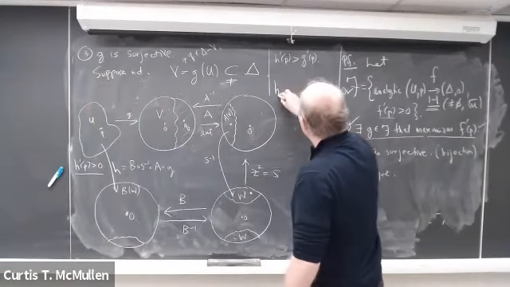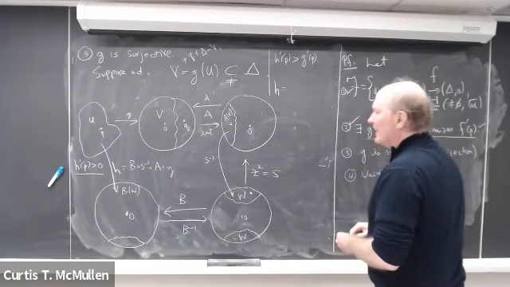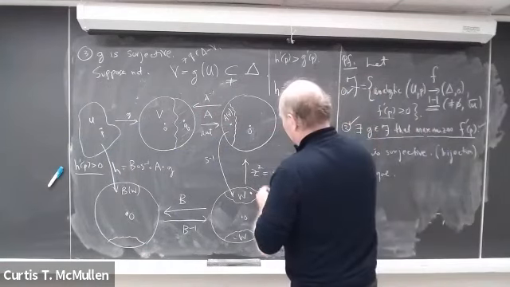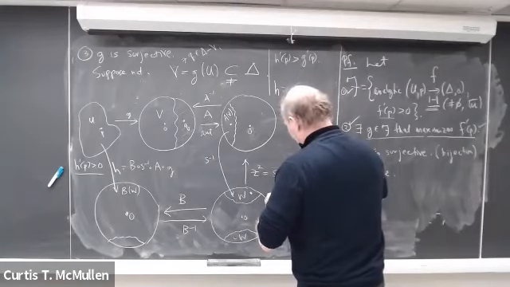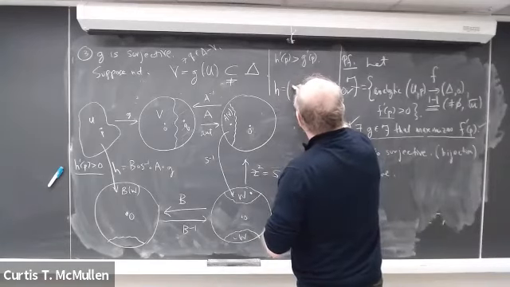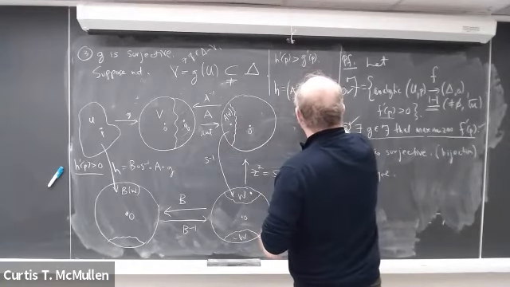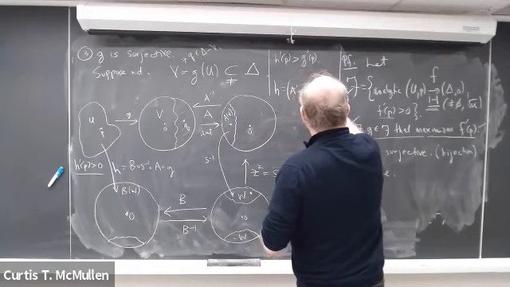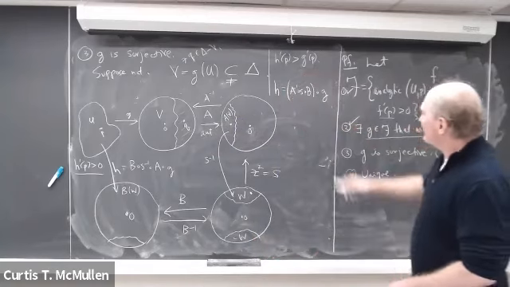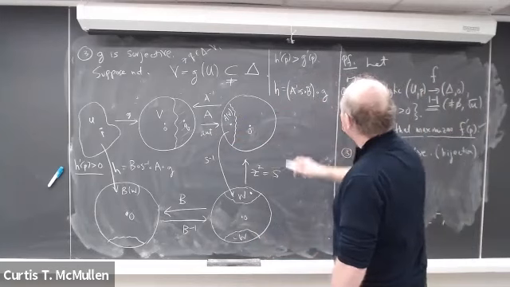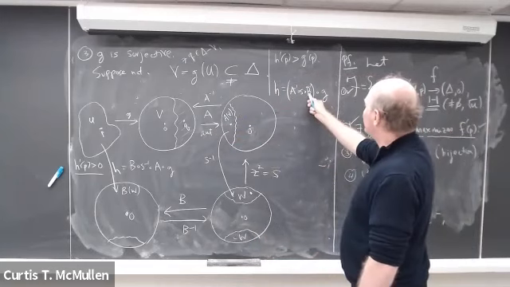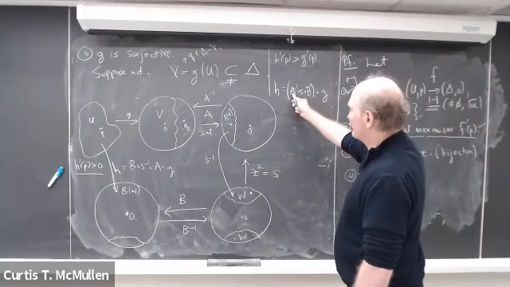So G is the composition of this mapping. Let's see, at the end I apply A inverse. So A inverse composed with S, composed with B, composed with H. Now what is this mapping? This is very simple. You do a Mobius transformation, you square, and you do another Mobius transformation.